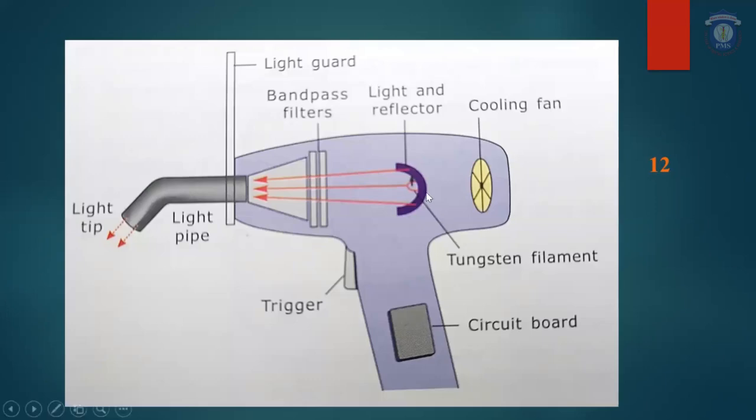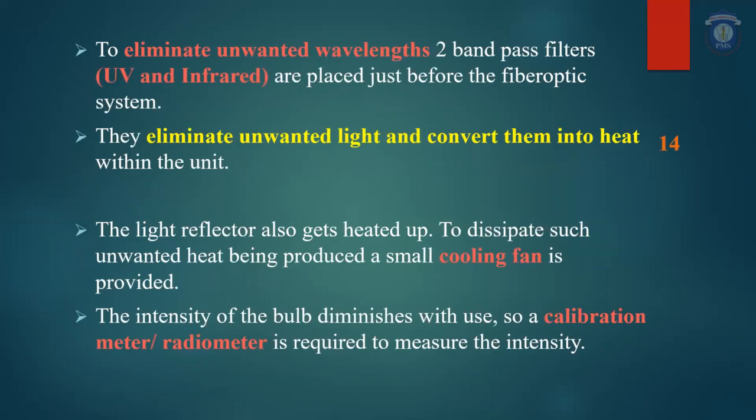This is the reflector that we just mentioned. And to eliminate unwanted wavelengths, we also have a filter which will eliminate the unwanted light, and it will be converted into heat. So all those unwanted wavelengths of light will be converted into heat, and this heat will be dissipated by the inbuilt cooling fan within the unit.